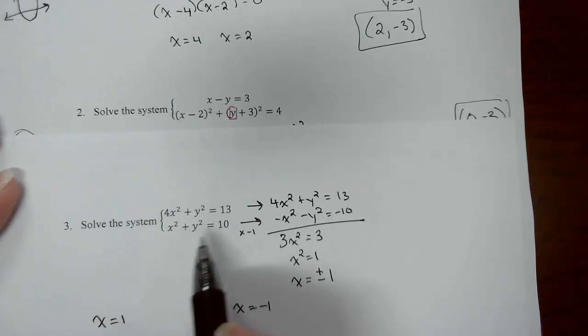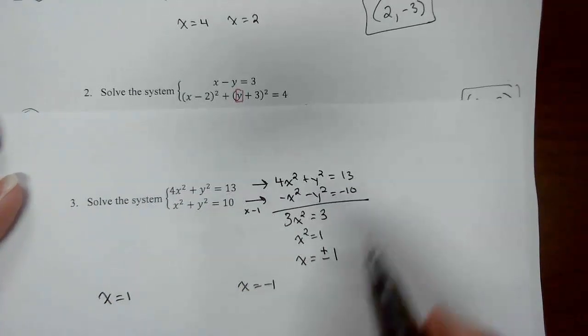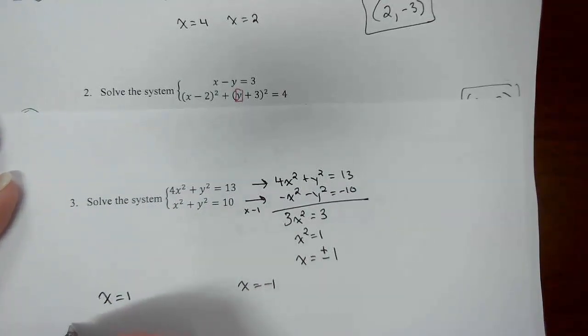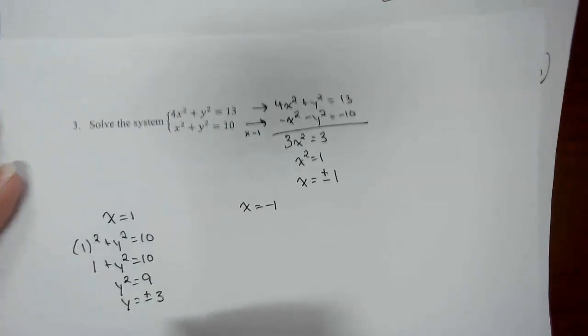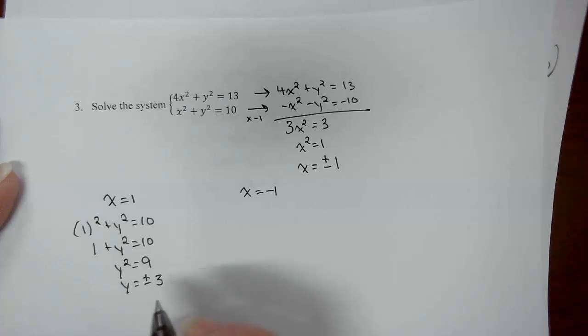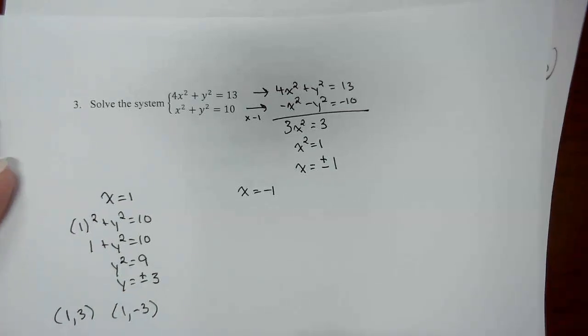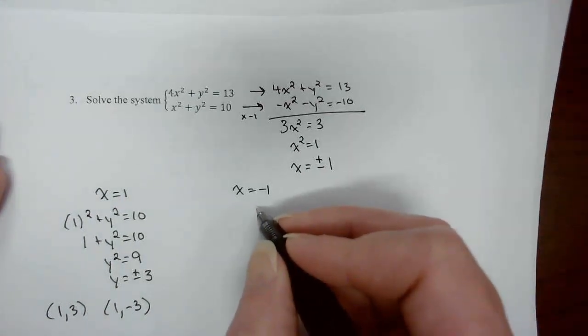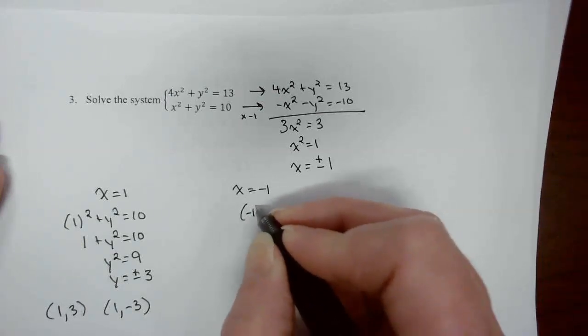I can plug that back into either one of these equations. I like the bottom one. So x squared plus y squared equals 10. I end up getting two y values. Well, there's 2 points. What happens if I plug in negative 1?